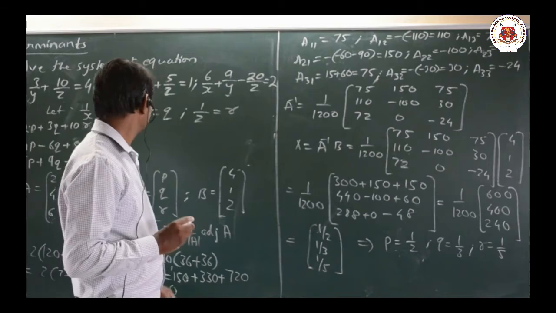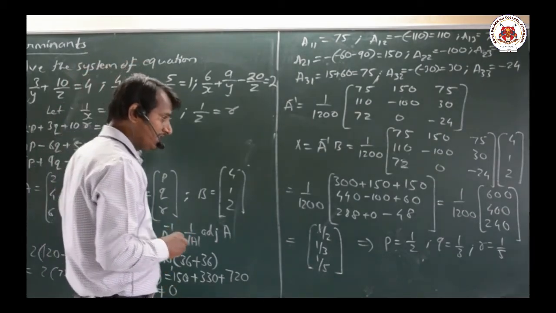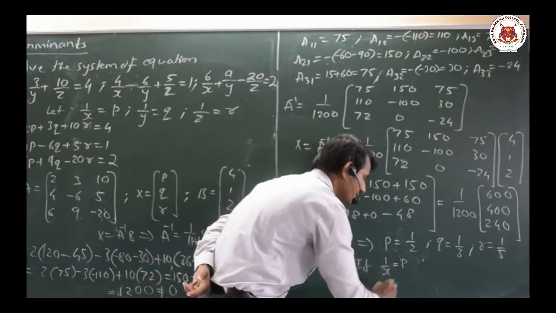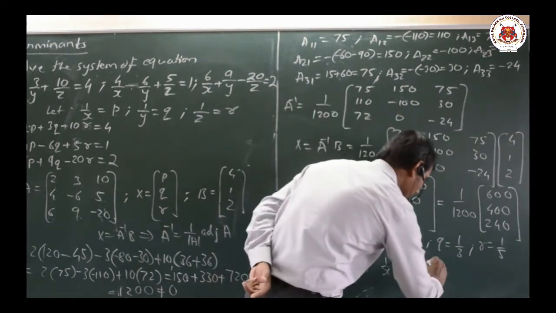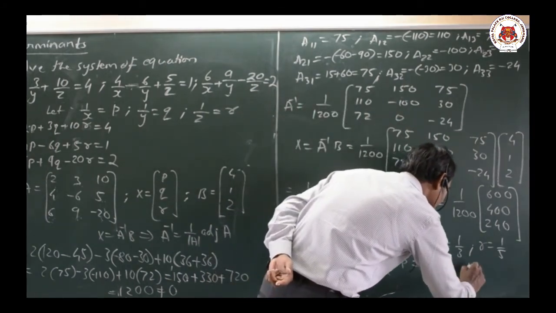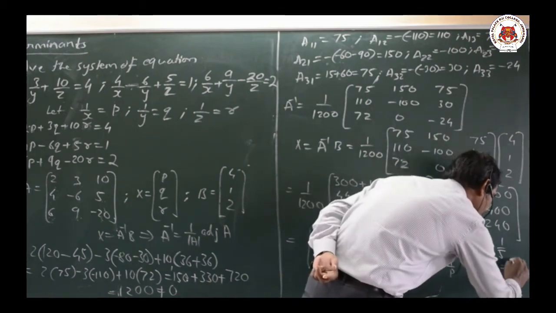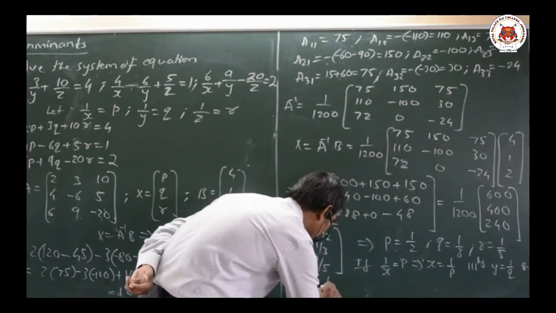But we have to listen here. What are the values here? 1 by x means P. If 1 by x equal to P, that implies here x equal to 1 by P. Similarly 1 by y equal to Q and 1 by z equal to R.